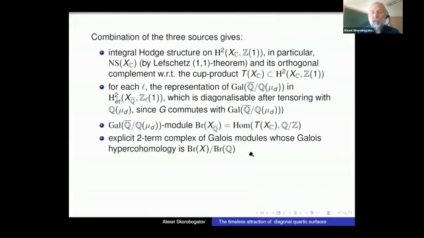We can just directly calculate this Galois hypercohomology and just read off the result we need. So that's the final result. We'll get information about this finite abelian group if we follow this program.